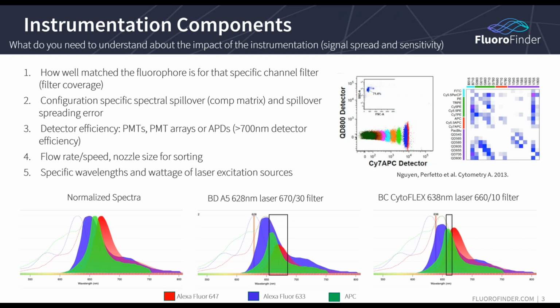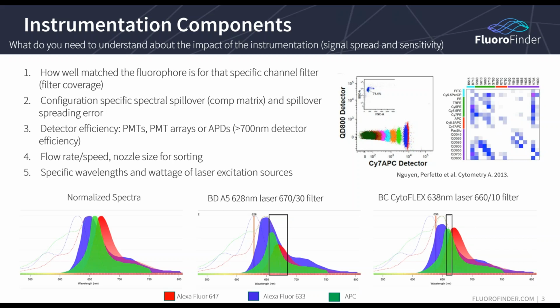Other things that you probably know impact the success or the sensitivity of your assay are your flow rate, your speed, and in this case, for sorting, your nozzle size. Slower tends to be better in terms of the standard deviation of the emitted signal, the range.